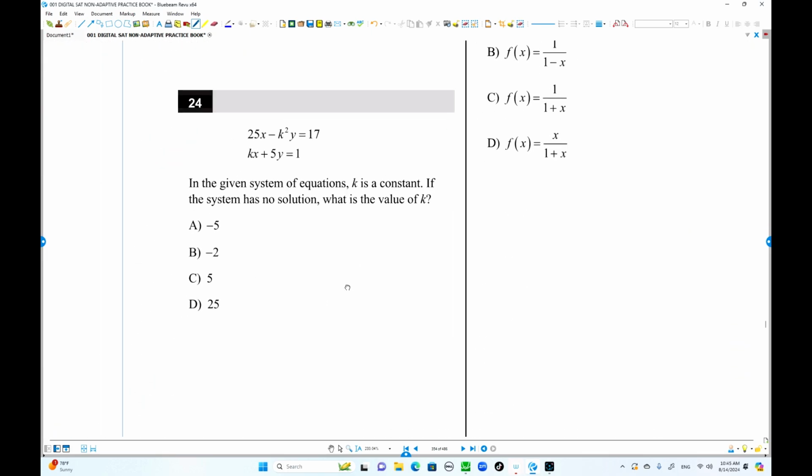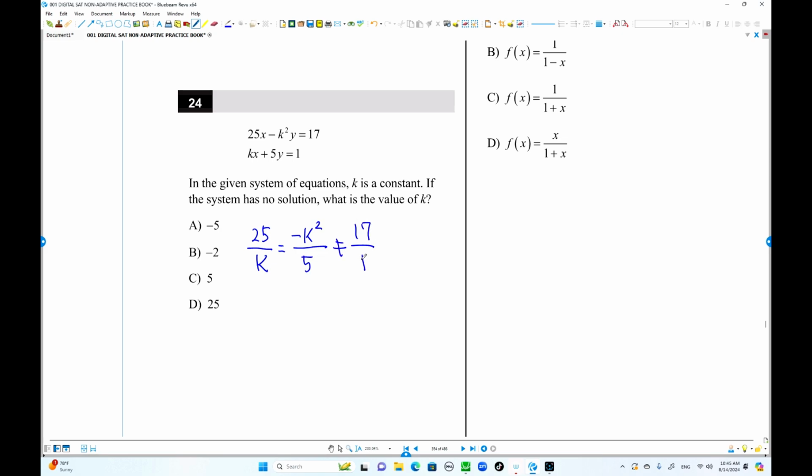Here is number 24. The given system of equations has no solution. Now we're going to apply the formula. No solution means what? Same slope, different y-intercept. Same slope means 25 over k must equal negative k squared over 5, but with a different y-intercept.